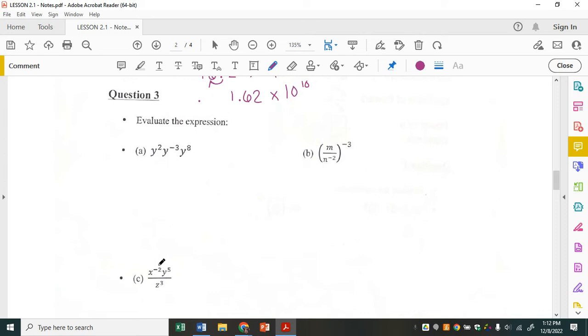The only thing you want to do on C is try to make this become a positive exponent. Oh, so I have to bring it down to the bottom. We need another minute.